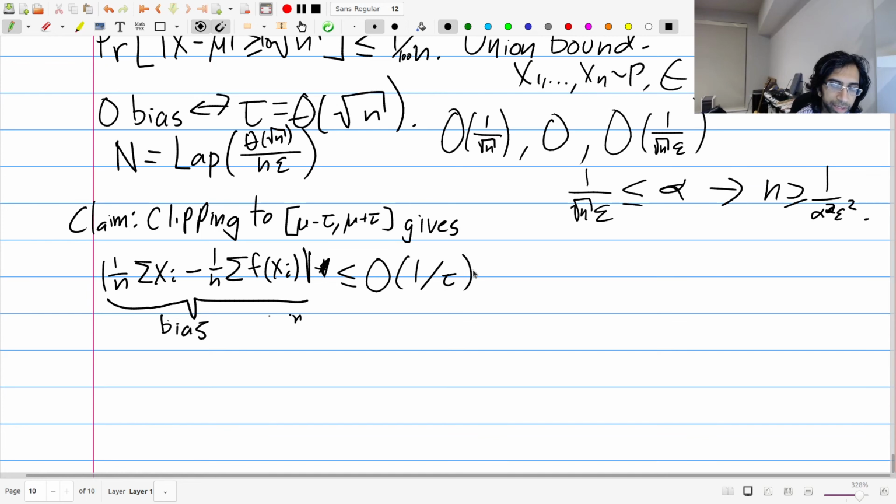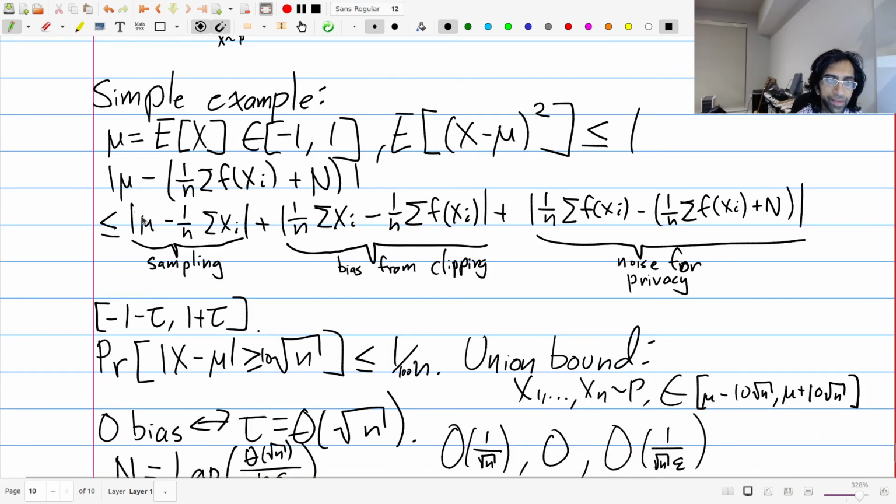So if we do this, then it's not too hard to complete the proof. In particular, we can see how to optimally set tau in order to balance the noise with the bias due to clipping. So we'll just write it here.